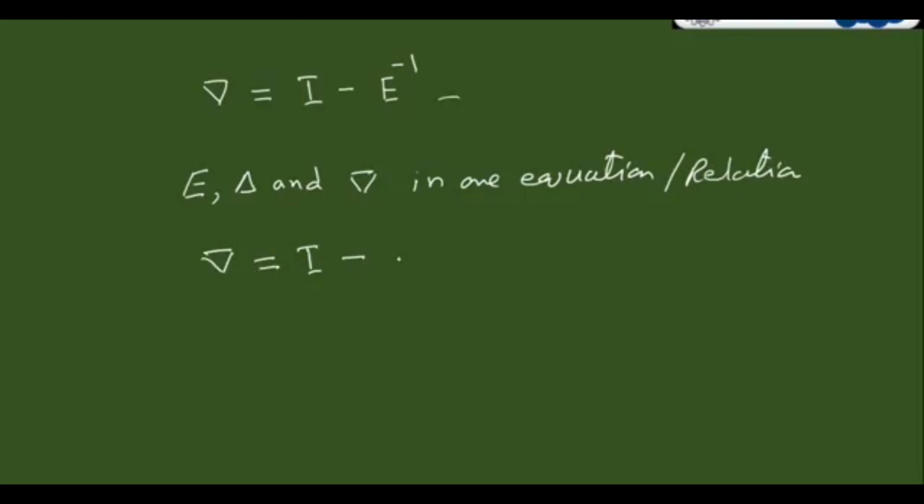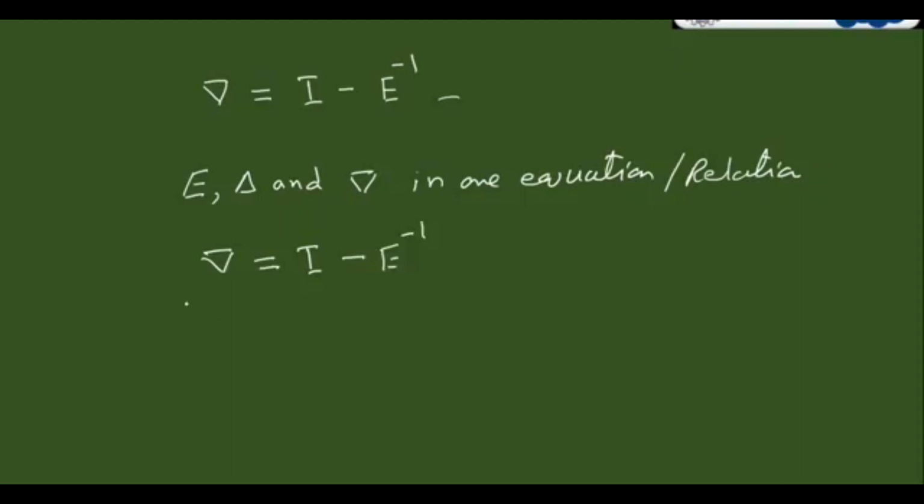So what we can do in this case is apply this relation in the form of E inverse. In fact, saying inverse is not good. Let's do it another way. Let's say I multiply this operator throughout by the E operator. So what will happen?